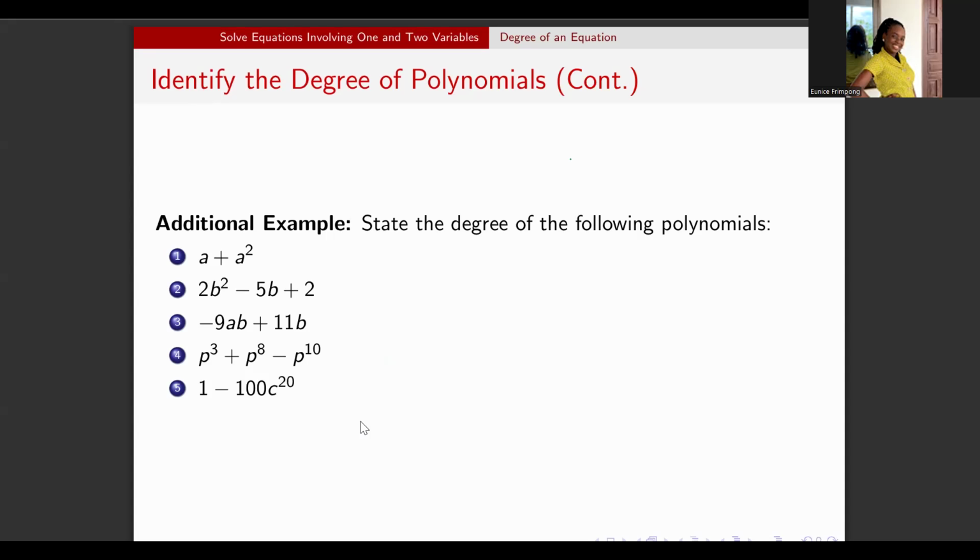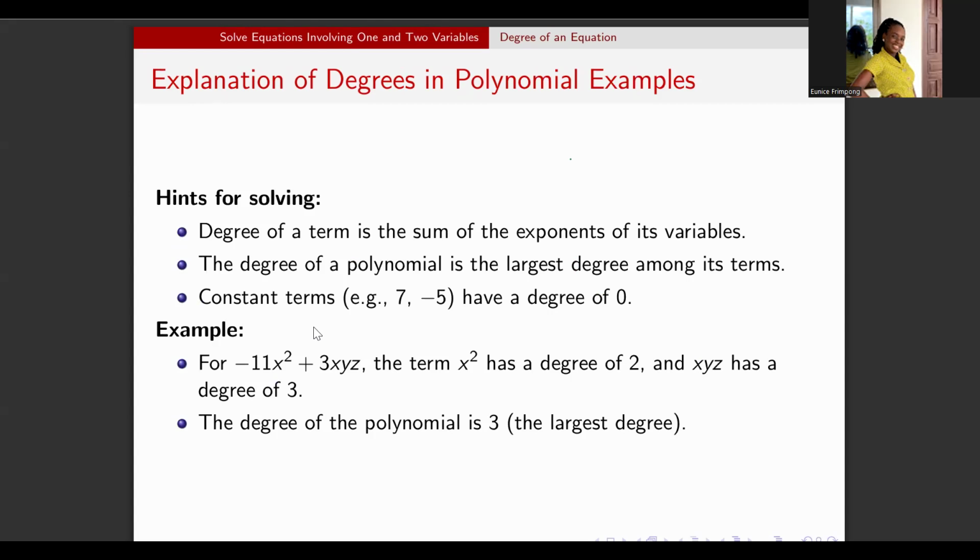So this is a practice example for you. State the degree of the following polynomials. Here are some hints for solving polynomials. To know the degree of a term is simply to sum the exponents of its variables.